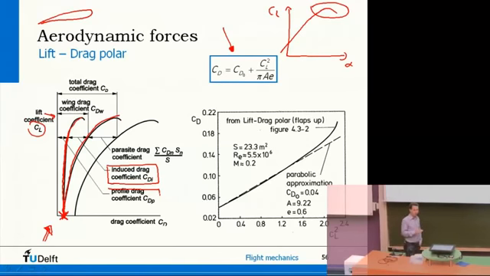But there's one thing you should not forget. An aircraft is not just a wing. You have a fuselage with passengers inside. There are all kinds of things sticking out, like landing gears, antennas, and so on.